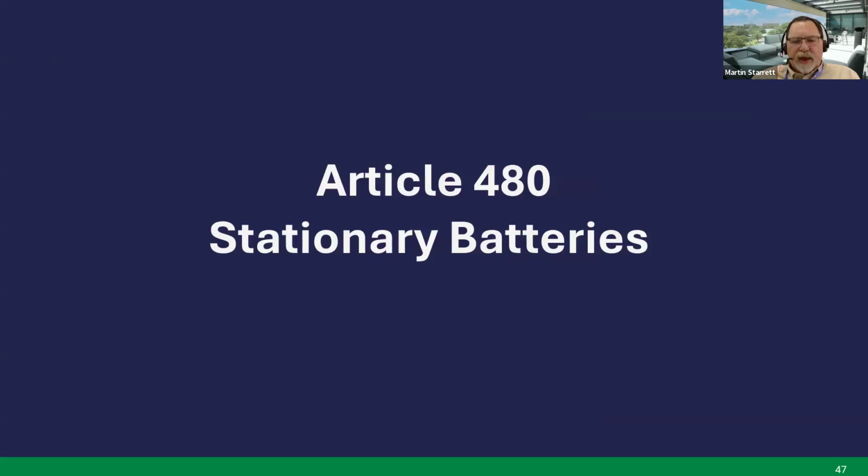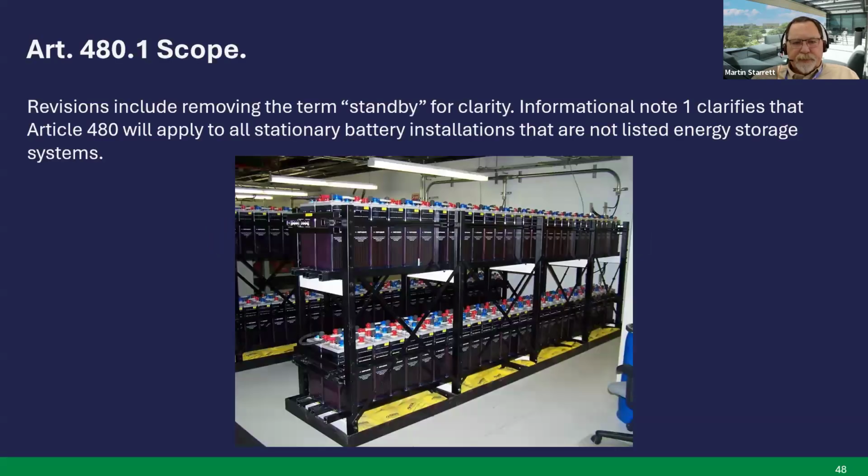Article 480, stationary batteries. The scope, Article 480.1, revisions include removing the term standby for clarity. An informational note clarifies that Article 480 will apply to all stationary battery installations that are not listed energy storage systems.